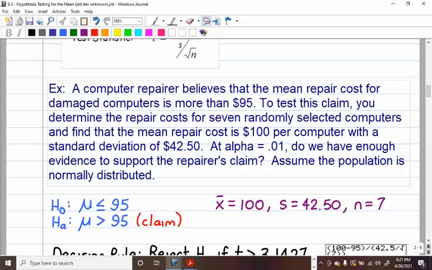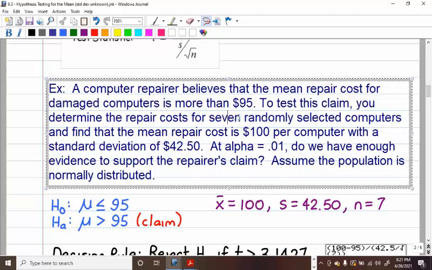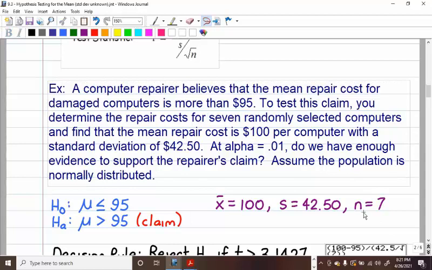So 7 randomly selected computers. So it hit a number in there as a word, but we'll be all right. So there's your 7 over here for n. 42.50 is your standard deviation. And X bar is the sample mean, 100.